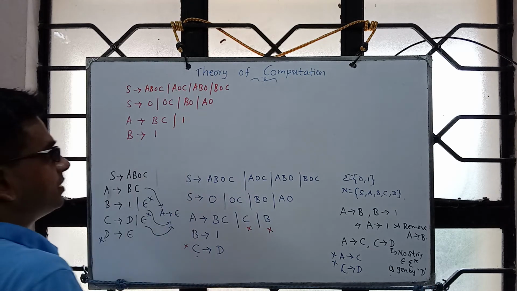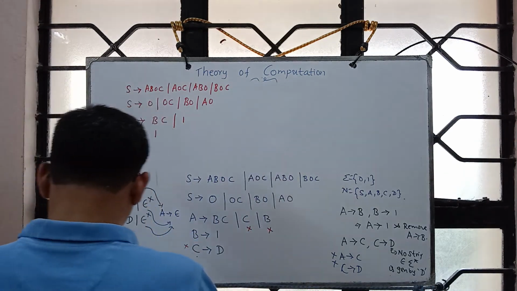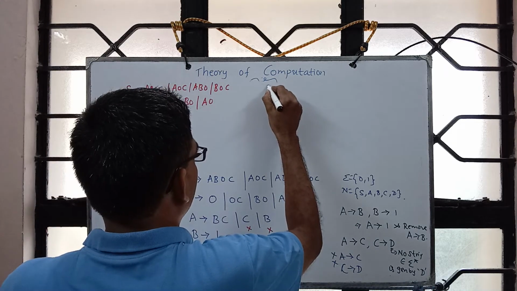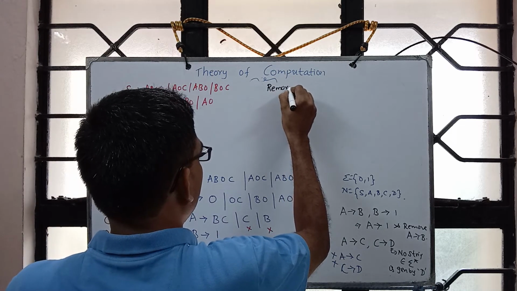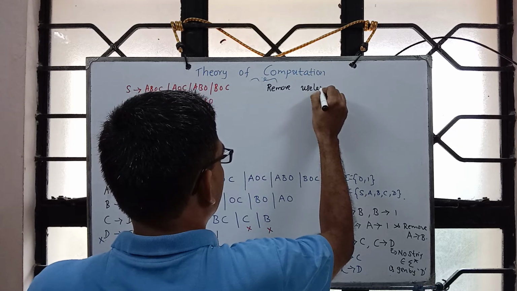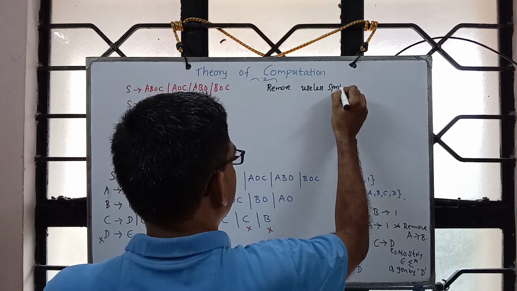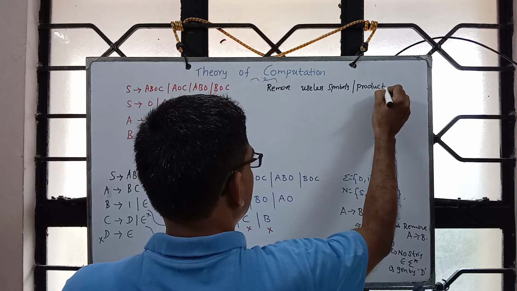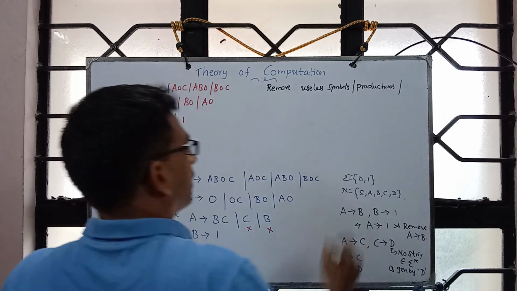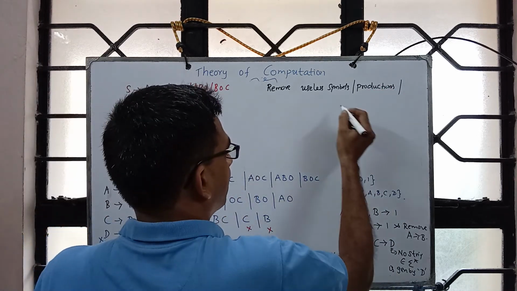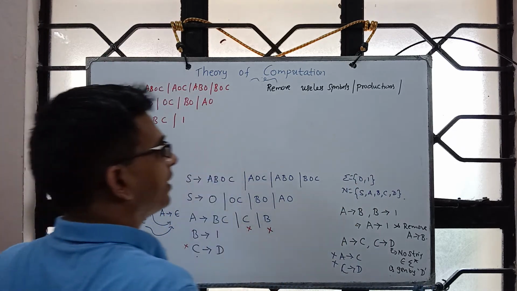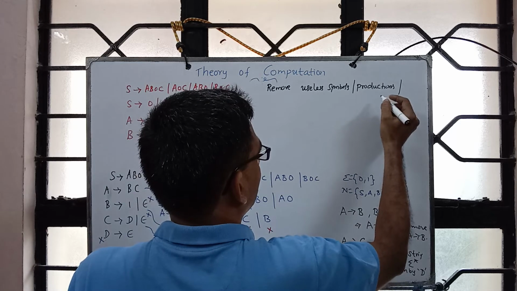Now on this, apply the third one. The third one says remove useless symbols, useless productions, or productions from which you cannot generate a terminal string.